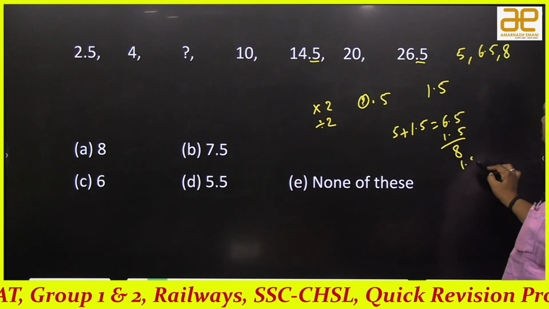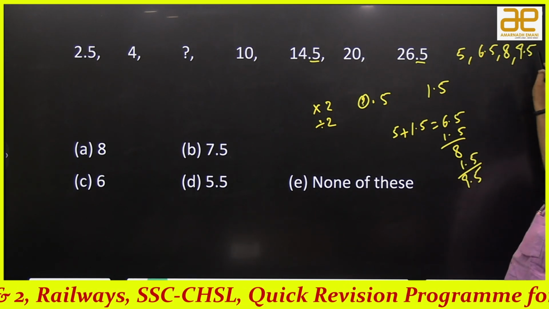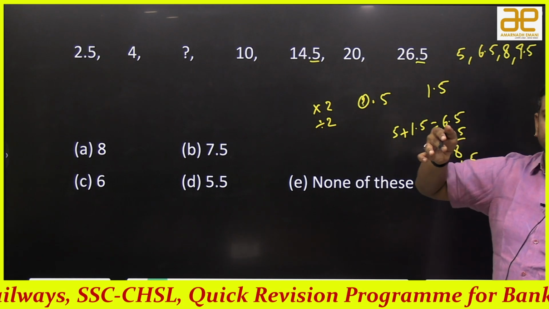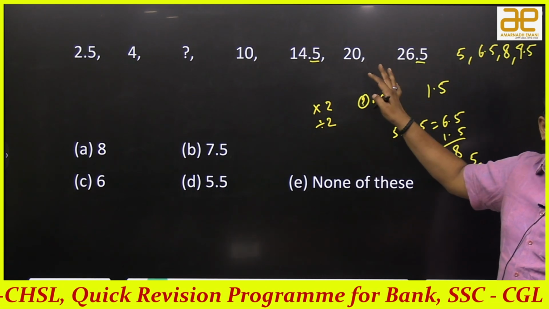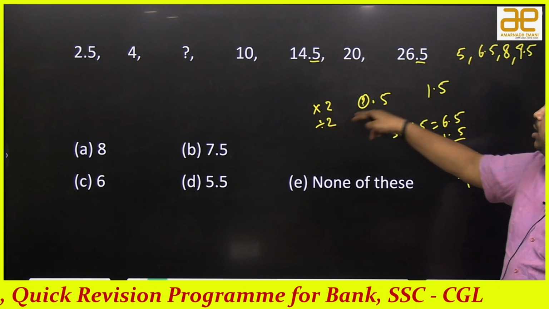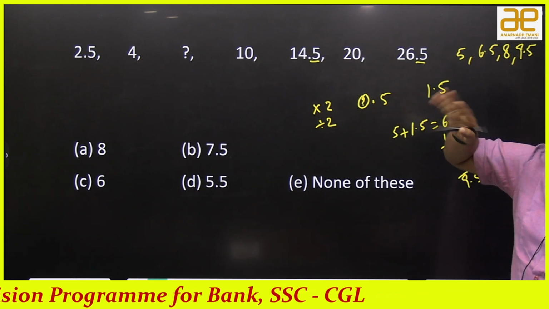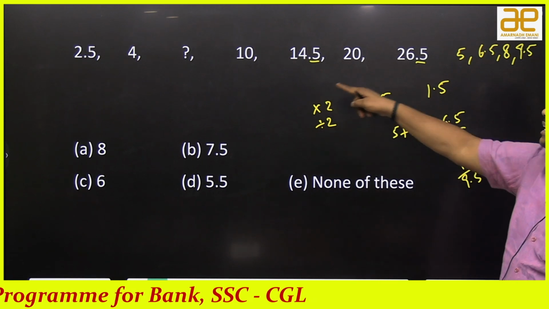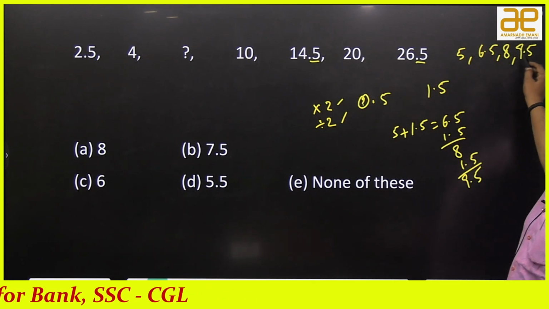Now again if I add 1.5, it will become 9.5. Means again decimal. Do you understand that? Means I am adding a 0.5 number. Anything might happen. Into 2 by 2 might happen, or I am adding a 0.5 number and adding or subtracting also, no problem. Since it is increasing, I am fixing either multiplication, division or this one.